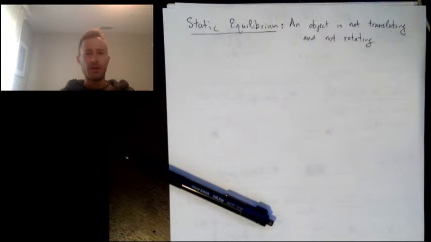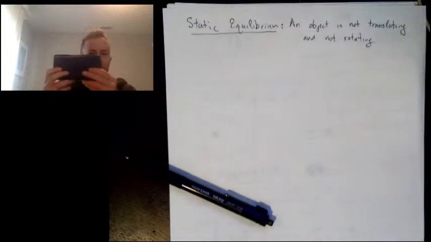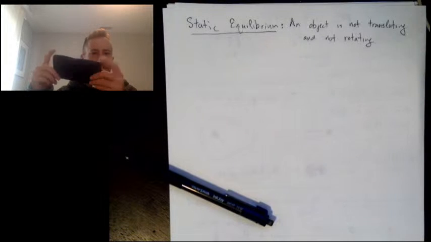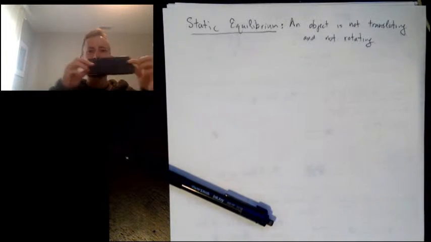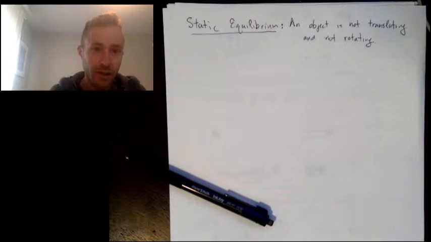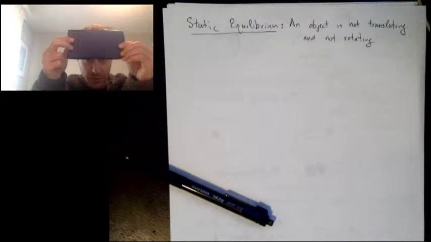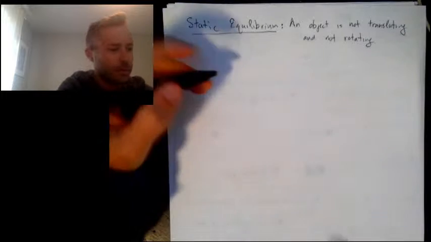To be translating without rotating is this. To be rotating without translating is this. To be translating and rotating is something like this. So if it's not translating and it's not rotating, it's just completely still. That's why it's called static equilibrium.